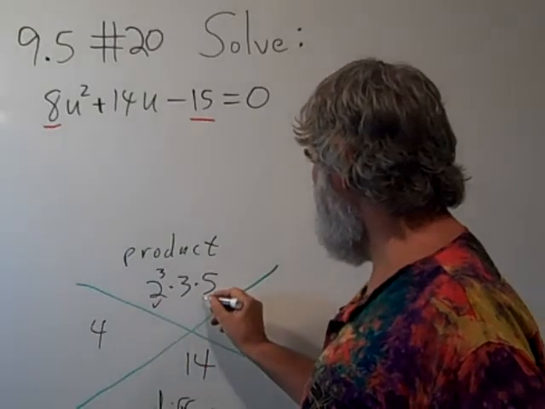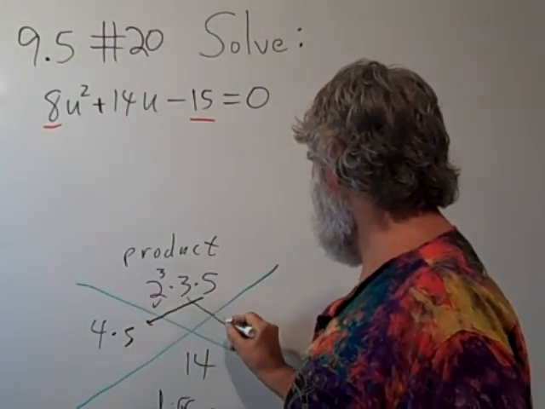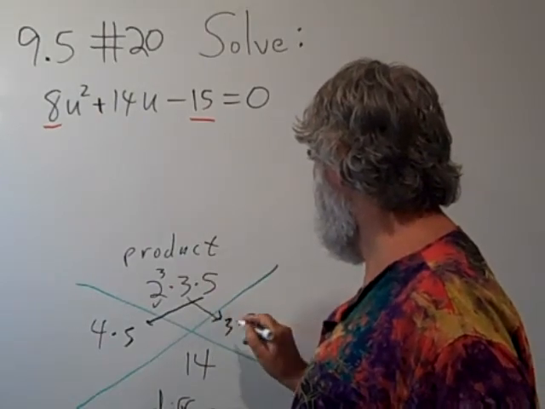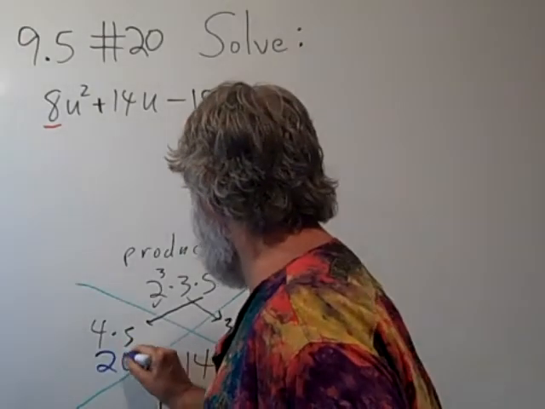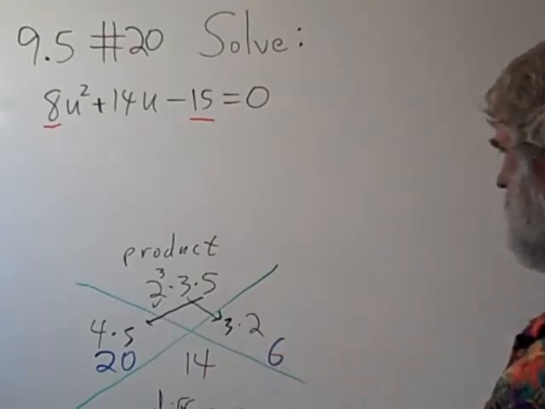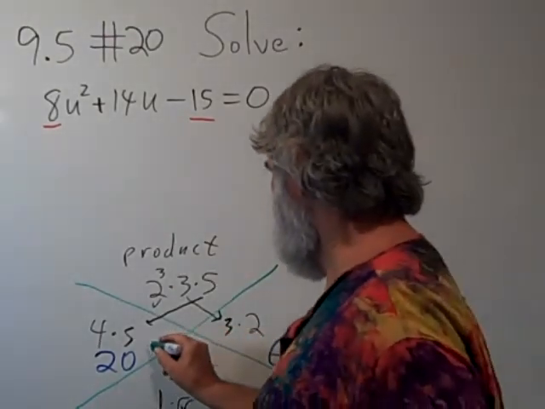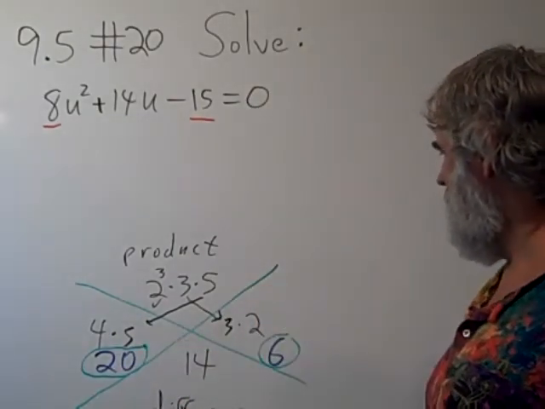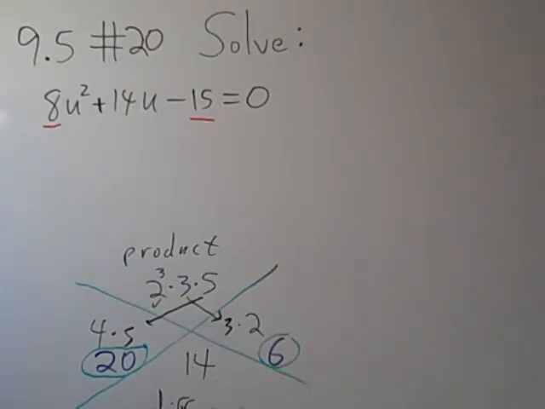I'll put the 5 with the 4 and put the 3 with the 2, and then we have it, because we have 20 and we have 6. And those will do the trick. 20 times 6 is equal to the product we need, and 20 minus 6 is 14. So those are the two numbers.